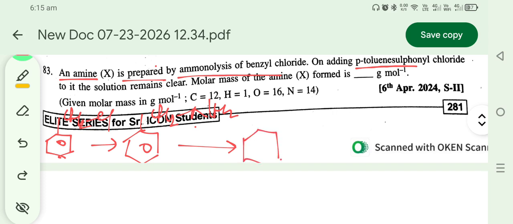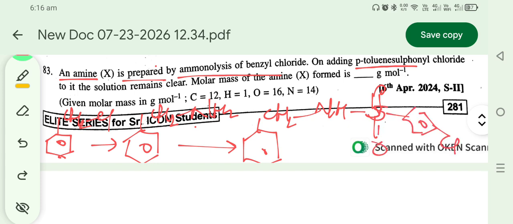It gives a product soluble in NaOH with para-toluene sulfonyl chloride. The product obtained is this one. And the total molecular weight of this is 287.